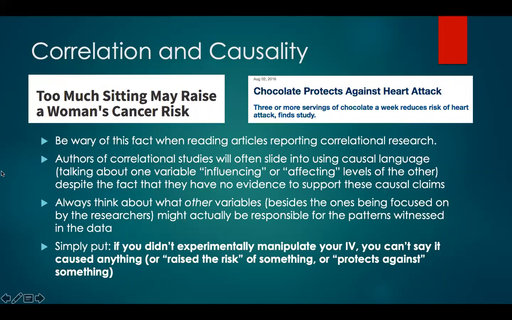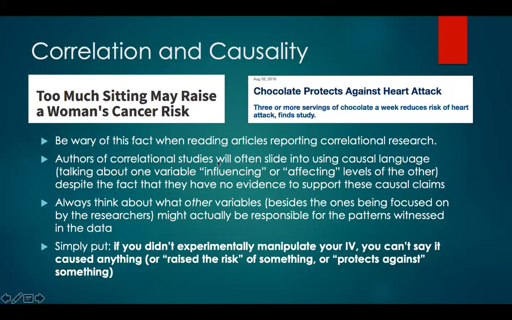So take a look at these headlines here. Too much sitting may raise a woman's cancer risk. Chocolate protects against heart attack. Three or more servings of chocolate a week reduces the risk of heart attack, finds study. So be wary of this when reading articles reporting correlational research.